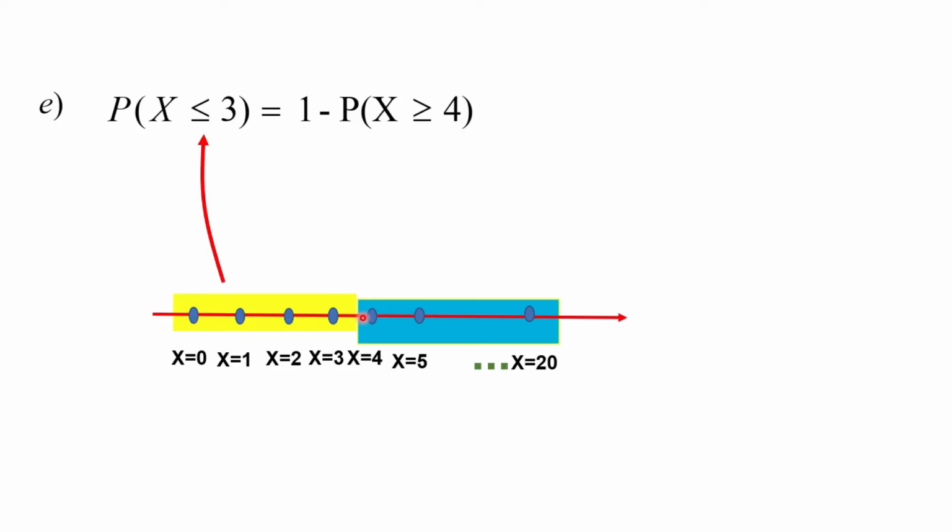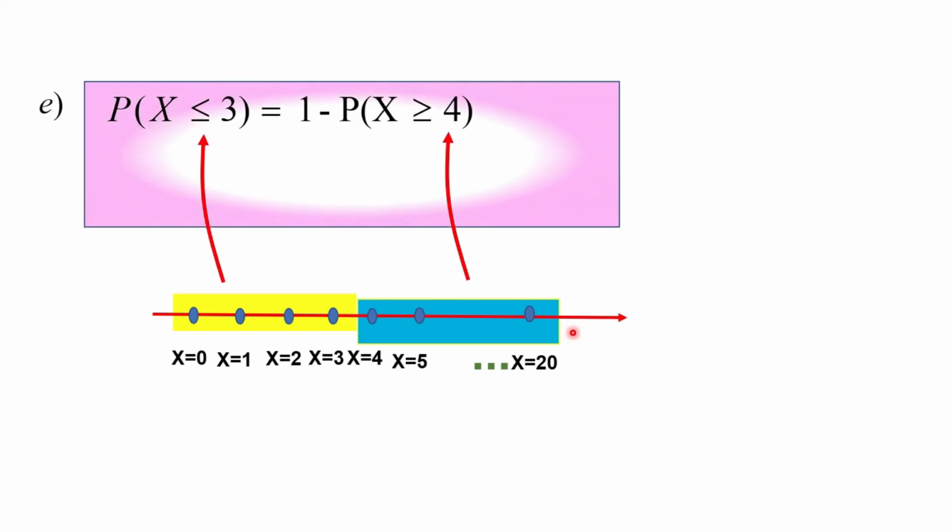To use the table, we need to create the formula, that is the sum of all the probability, 1, minus probability x more than or equal to 4. That is, you have to 1 minus the blue rectangle here, that is the sum from 4 to 20.